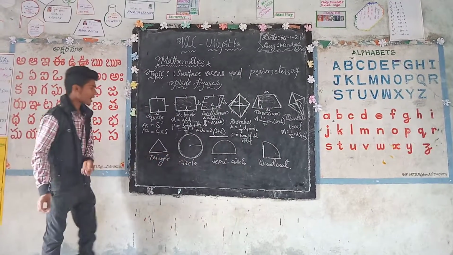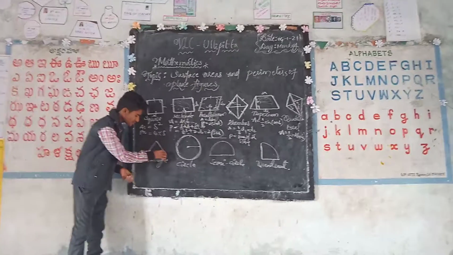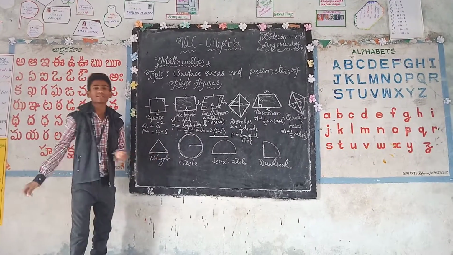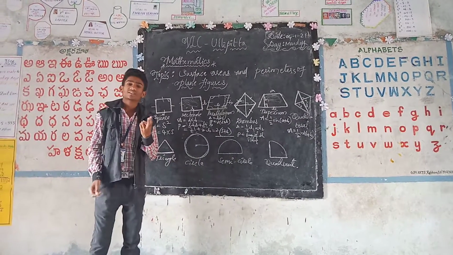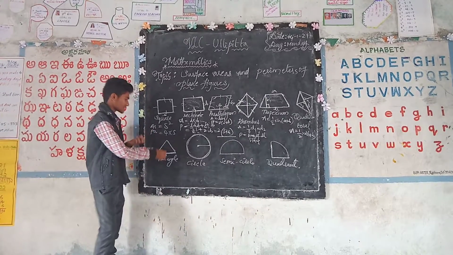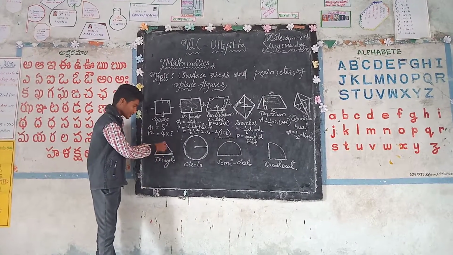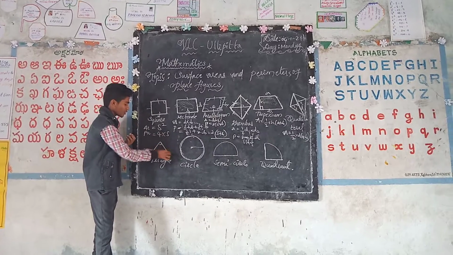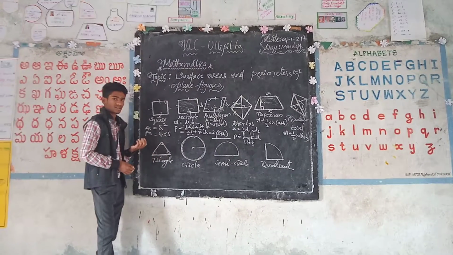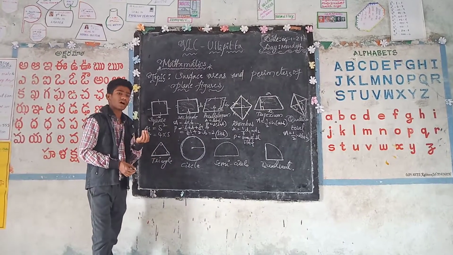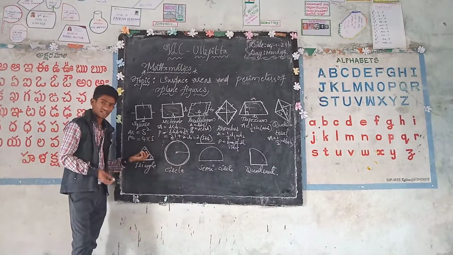Next, here we have a triangle. Tri means three, so triangle means three angles. How many angles can you observe in the triangle? Yes, only three: 1, 2, 3. So how do we get the area of the triangle?